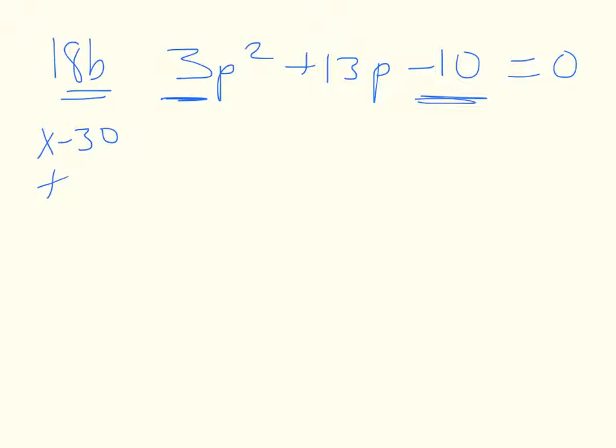And we want two numbers that multiply to minus 30 and add to... I look around and I go, well, okay, there's 30, negative 1 is 30, negative 1.